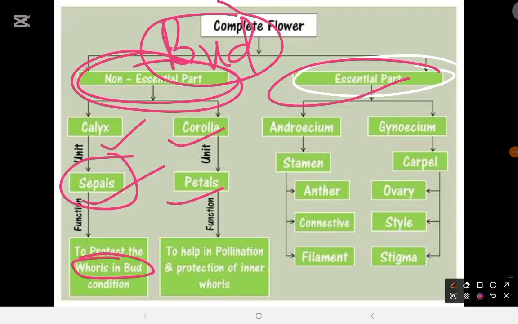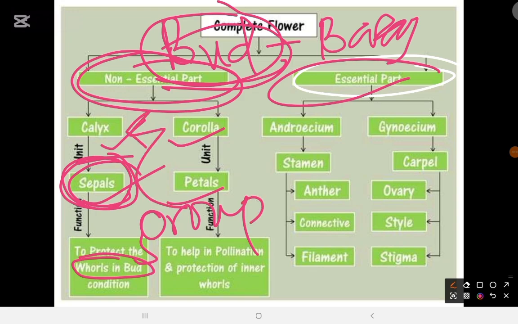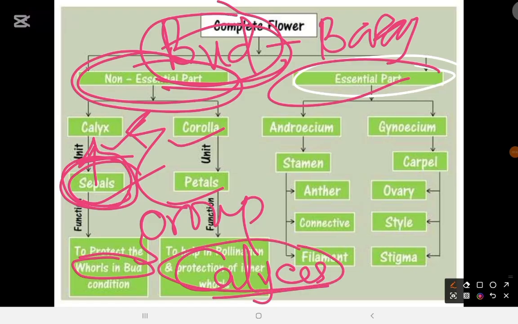So in that baby flower stage, it is the sepal that acts as the protective layer that covers that bud. Now, a group of sepals is called calyx; singular, we call it calyx, and in plural, we have calyces.